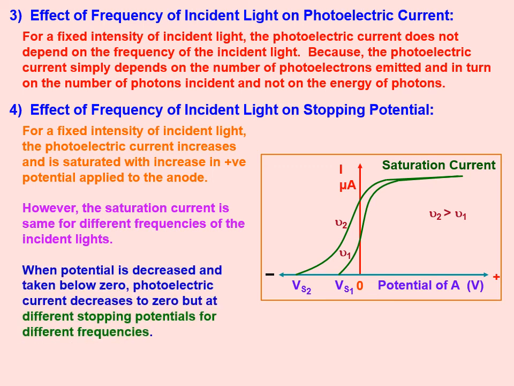So we can say when potential is decreased and taken below zero, the photoelectric current decreases to zero, but at different stopping potentials for different frequencies. So we can conclude that higher the frequency, higher the stopping potential, or we can say stopping potential is directly proportional to frequency.